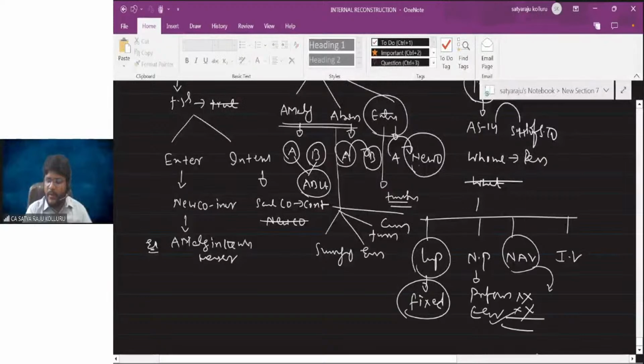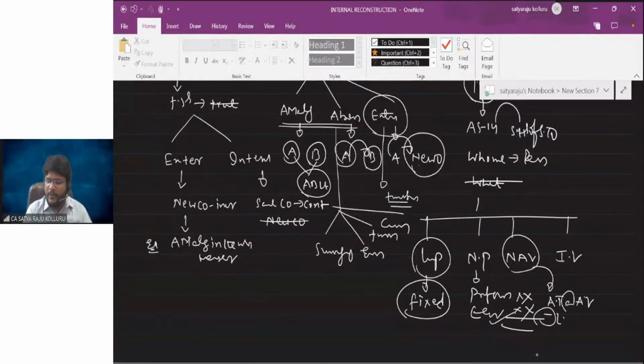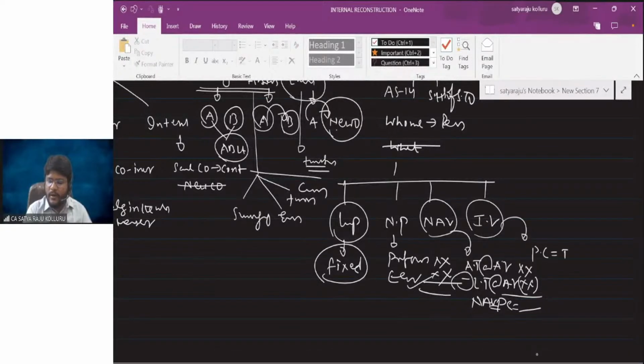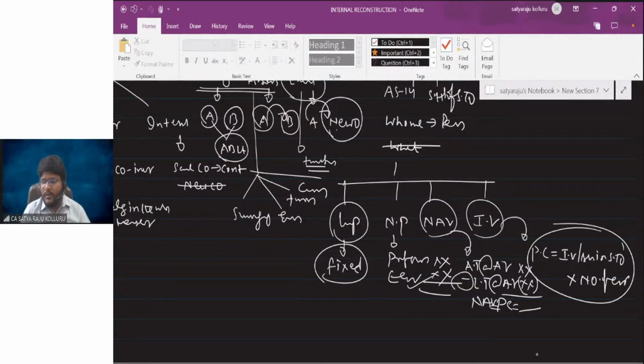Under the NAV method, assets taken over at the agreed value, less liabilities taken over at the agreed value, give NAV, which is equal to the PC. Next, in the intrinsic value method, PC is equal to the intrinsic value per share in the selling company multiplied by the number of equity shares in the selling company.